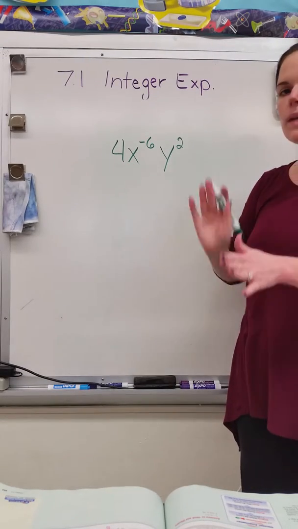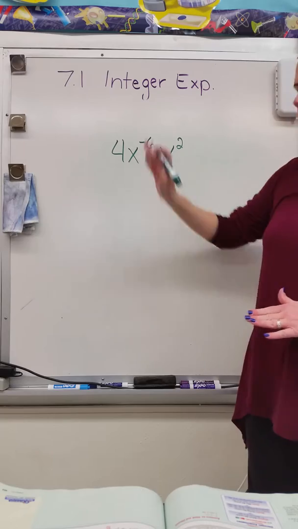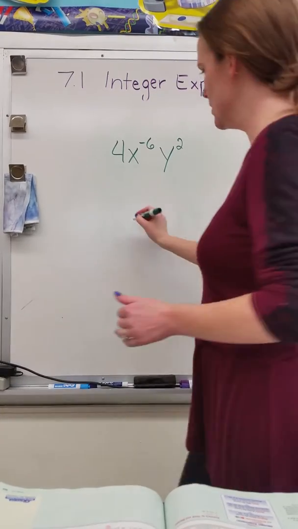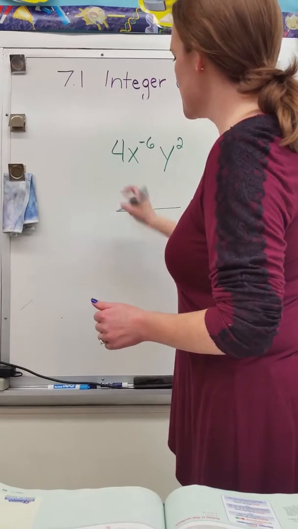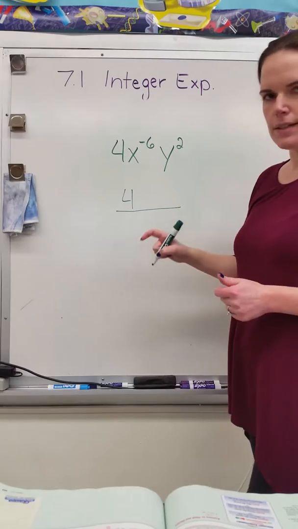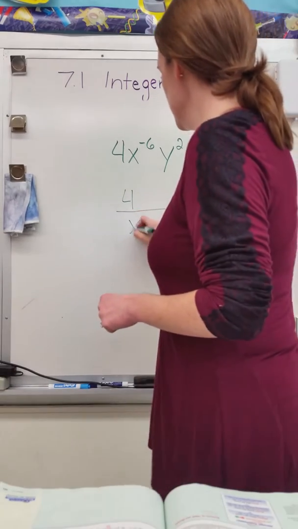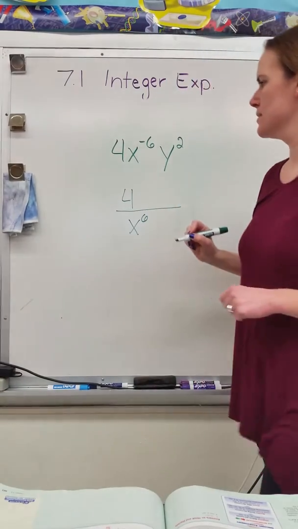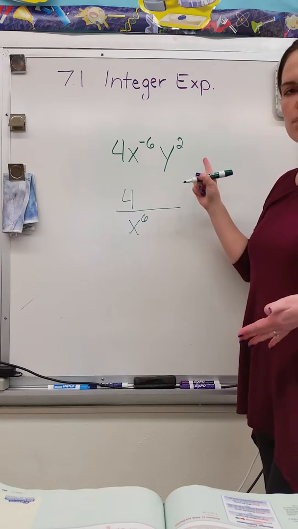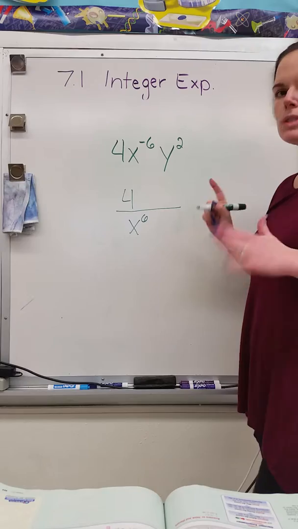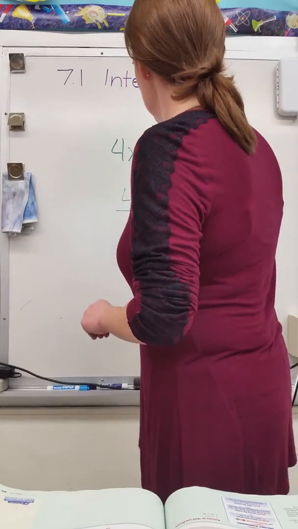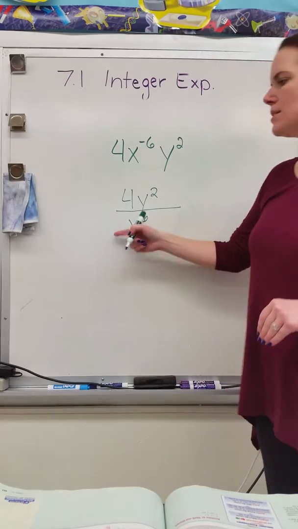It has nothing with it that's telling you to move it. So I usually start by drawing my fraction bar, and the 4 is going to stay up top. This x to the negative 6 would move down here and just be x to the 6. And this y squared, since it's already positive, is going to stay where it is and just be positive. So this is your final answer.